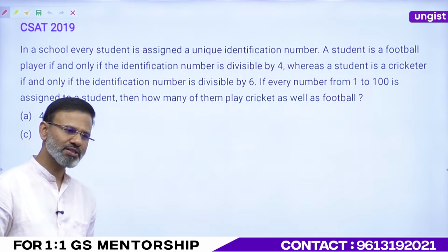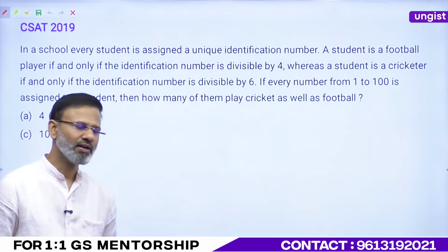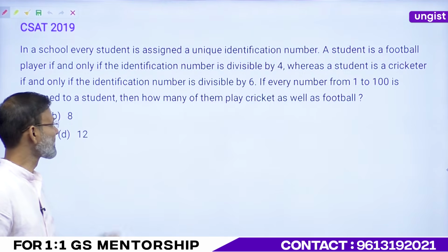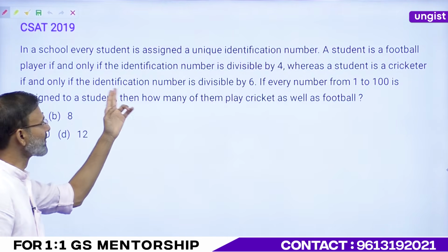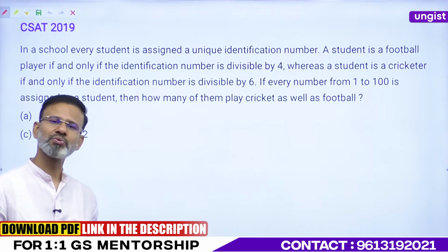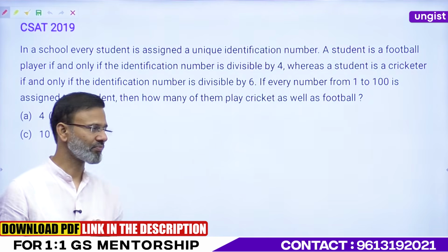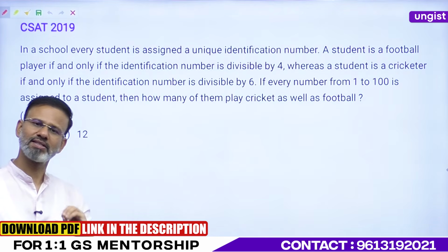Next question is saying in a school, identification number to assign every student. If a student is a football player, the number is divisible by 4. And if a student is a cricketer, the number is divisible by 6. All right. So if a student is playing both the games, the number will be divisible by 12, because the LCM of 4 and 6 is 12.